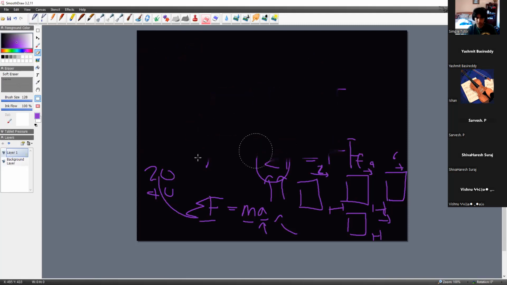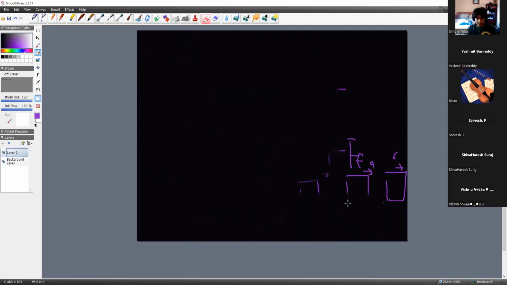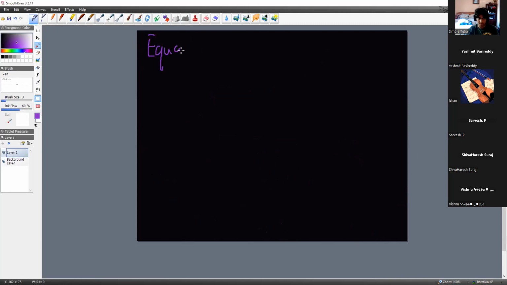So quickly, our last law that we need to talk about is the one you guys have probably heard a bunch of times before. Every action has an equal and opposite reaction. So these are our keywords right here: equal and opposite reaction. We need to understand what that means.